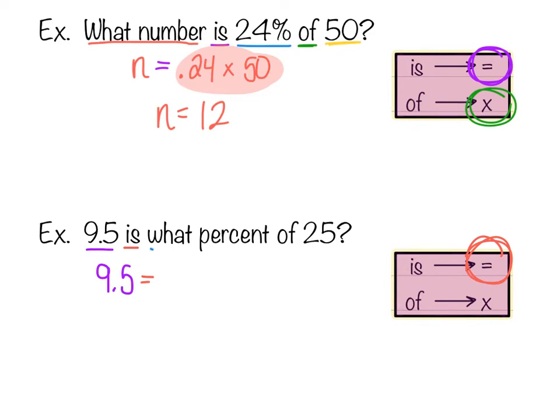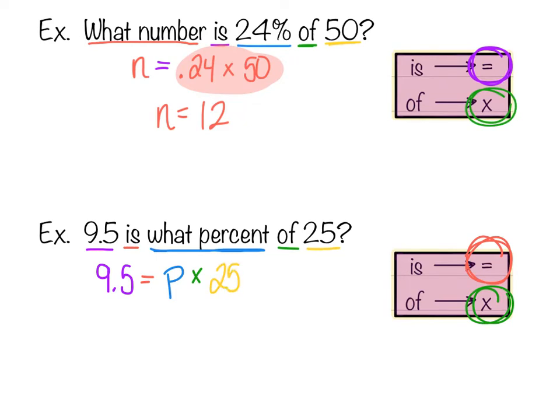This time, though, it says what percent. So that's going to be my variable, but it says percent. So instead of using n, I'm going to use p. Now, when I answer my question, I need to make sure I convert it back into a percent so I get the right answer. Then it says "of," which we know means times, and then we got 25.